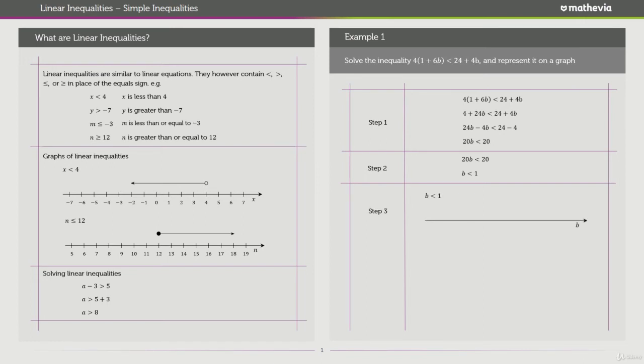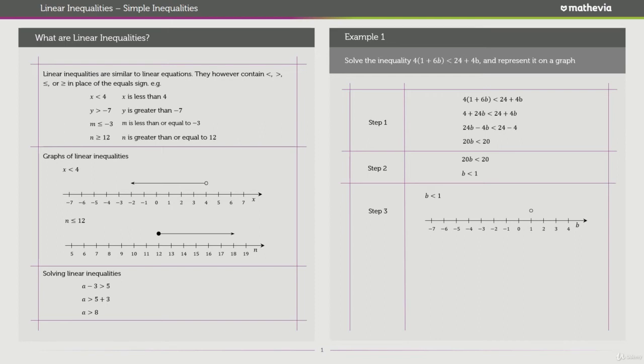Now we just go ahead and graph that. So we have b is less than 1. We're going to plot it on this number line. We look for 1, and we draw a hollow circle, because it's b is less than 1, so our range of values does not include 1.